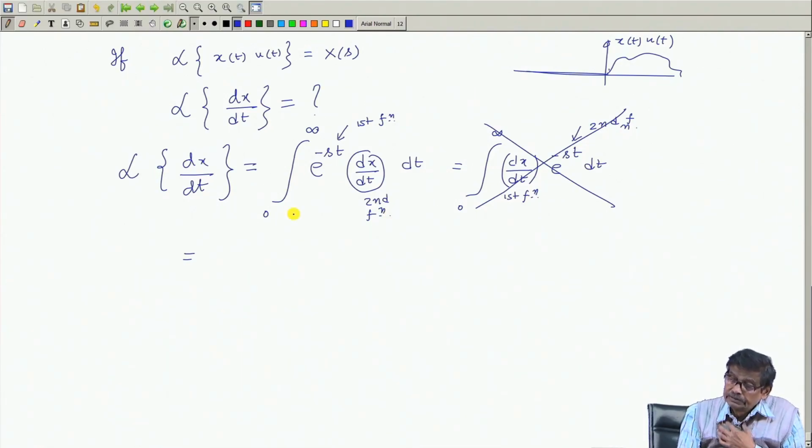So, this one will be first function into integration of the second. What will be the integration of this second function? It will be x(t).